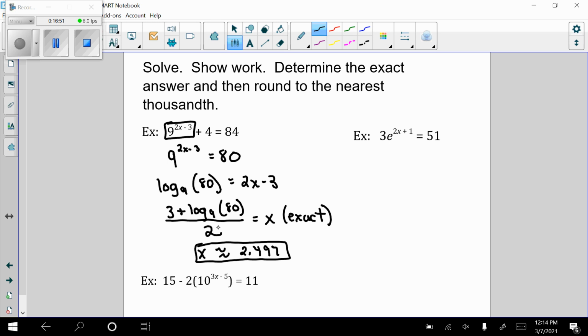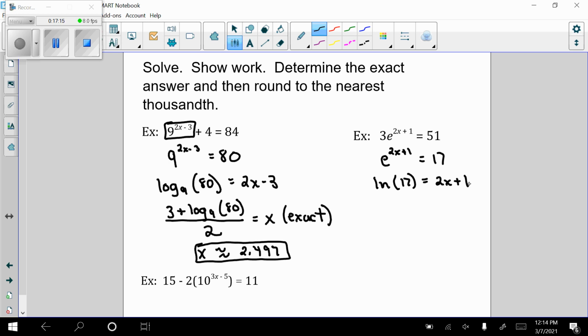All right, so this one is a natural base. So I'm going to divide by 3. So I get e to the 2x plus 1 equals 17. I'm going to change to log base e, or natural log. So natural log of 17 equals 2x plus 1.